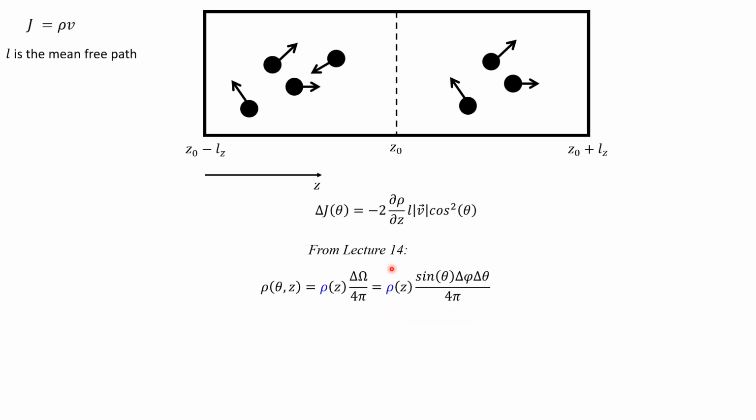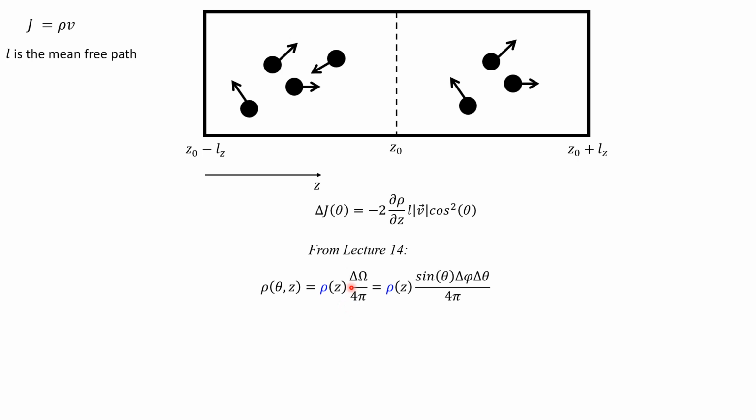Okay, now we invoke the result we derived in lecture 14. So recall that rho of theta is the concentration of particles whose velocities make an angle theta with the horizontal.